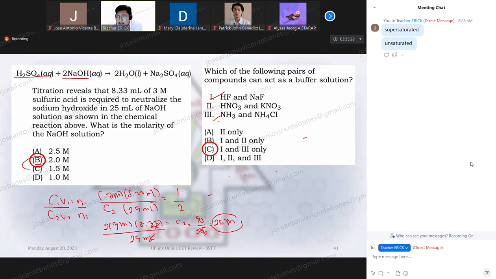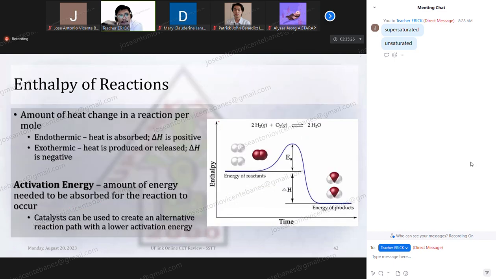Okay, let's proceed. Now, the enthalpy of reactions. The amount of heat in a reaction per mole. The enthalpy is basically the amount of energy that is needed to activate a reaction. Now, in endothermic reactions, when the heat is absorbed, your delta H, or your change in enthalpy, is positive.